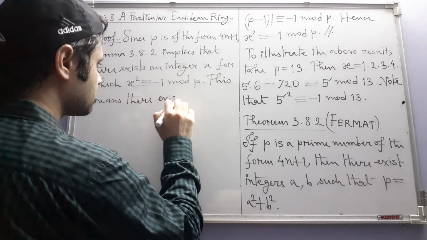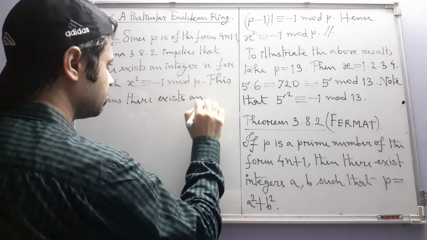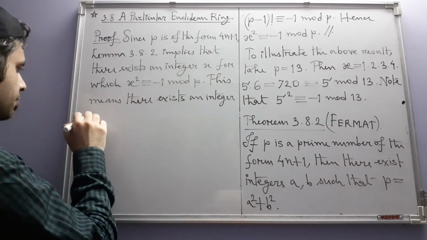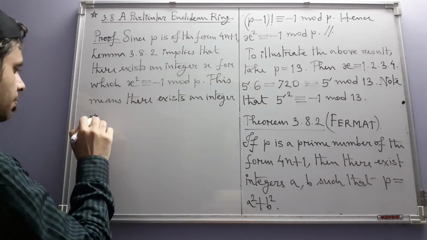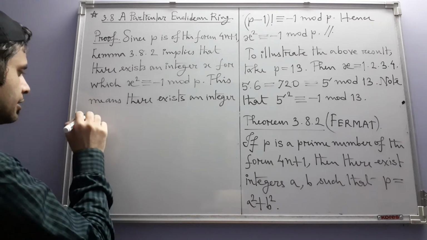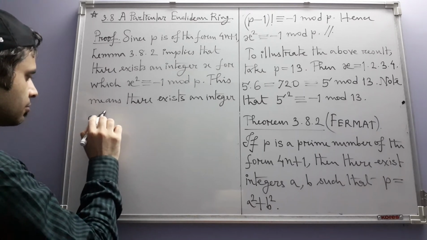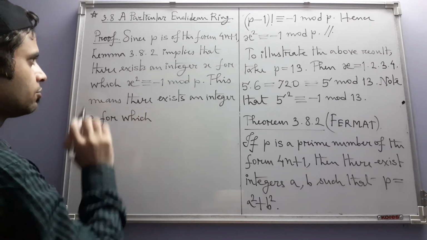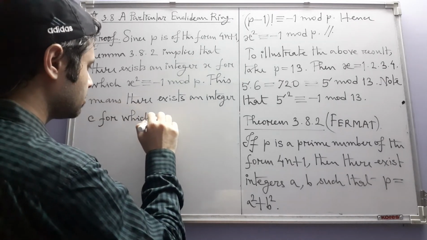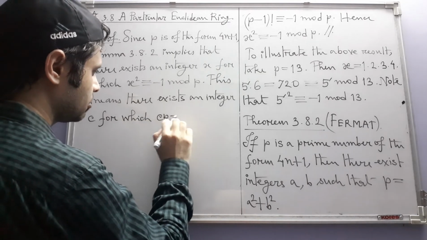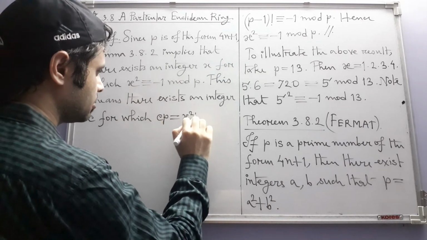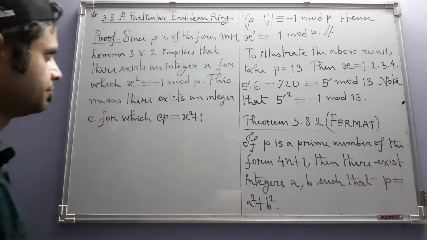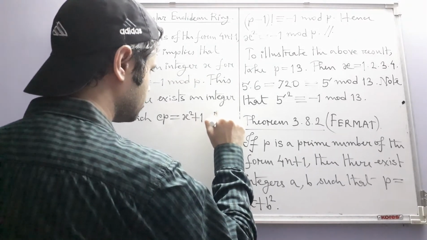So it means there exists an integer c for which x square plus 1 is a multiple of p.